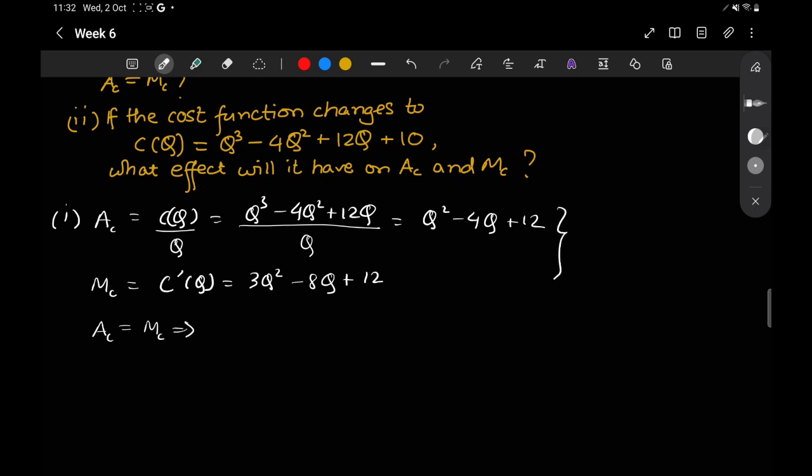We will equate these two expressions. The constant drops off.